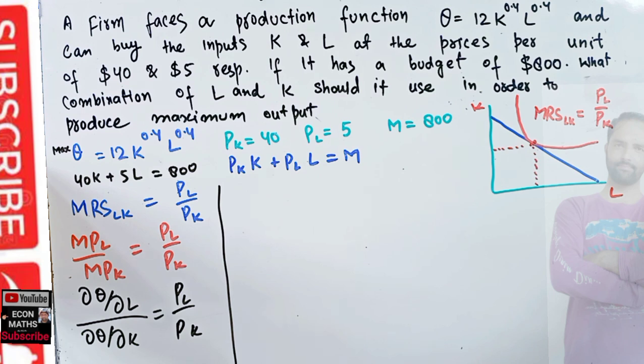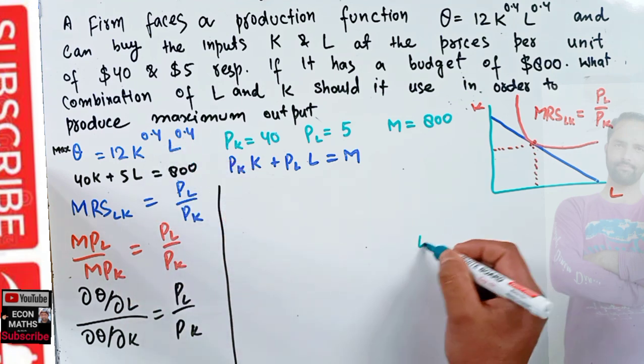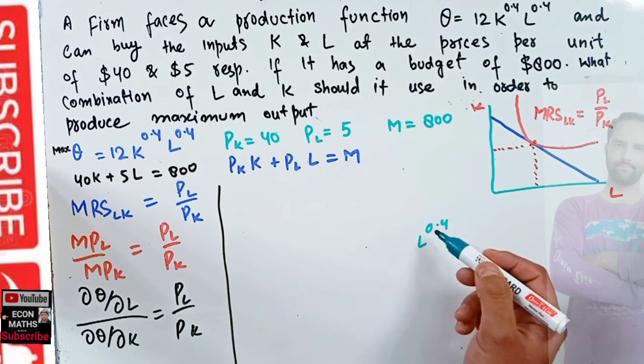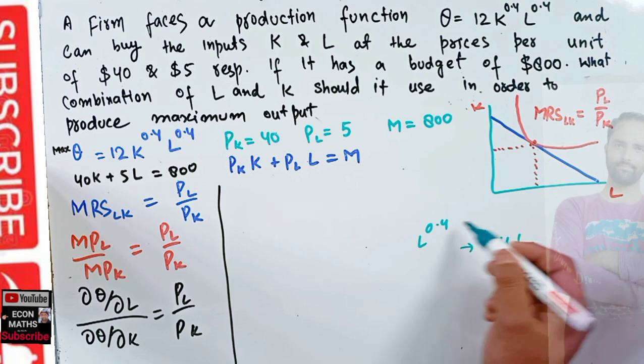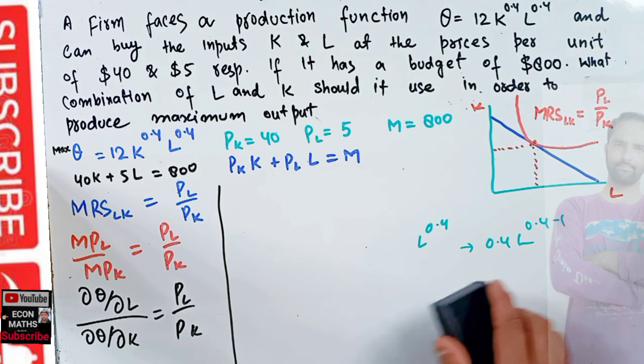Then we have dQ upon dL. Let's take the derivative of this function with respect to L first. We are taking a partial derivative, so we are interested in L to the power 0.4. It will become 0.4 times L to the power 0.4 minus 1 by the power function rule. Other things will remain the same.